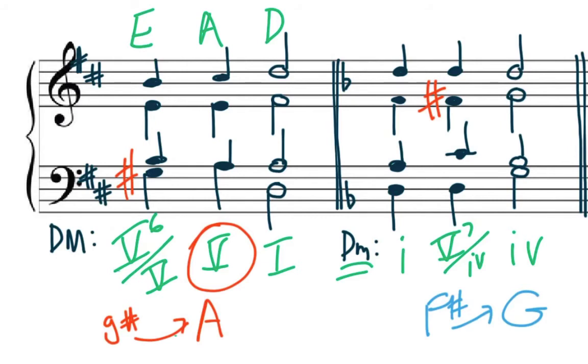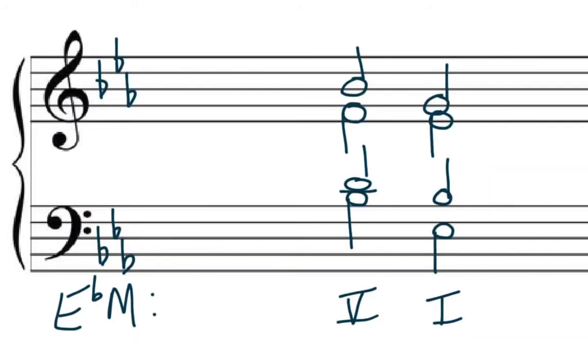You can also have secondary leading tone chords. So for instance, in this example in E flat major, we have a tonic, a dominant chord, and then a tonic chord. If I wanted to tonicize the dominant, the B flat, I could do that by way of an A natural.